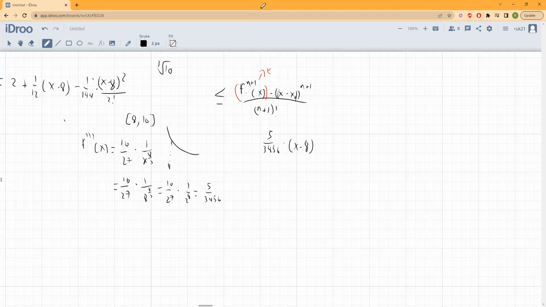In this case, our n is 2. That was the order of the polynomial. So if we plug in 2, we're going to get 3 to the power of 3, over n plus 1 factorial, which is 3 factorial. And now we're kind of at a roadblock again. We have this variable over here. So again, we need to think, what x can we put in there to maximize the error we can have, to maximize this number?